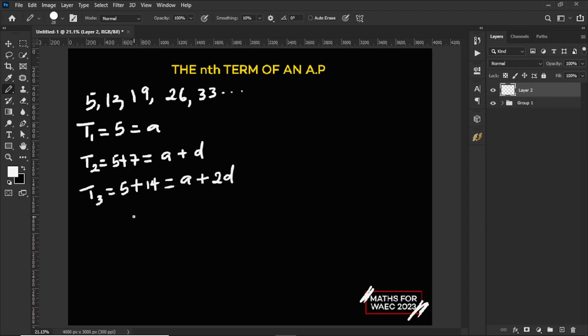And the fourth one, that is T4, the fourth term now, that's 5 plus 21, that is A plus 3D.